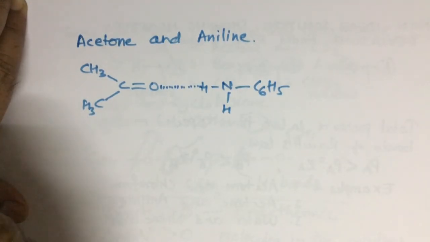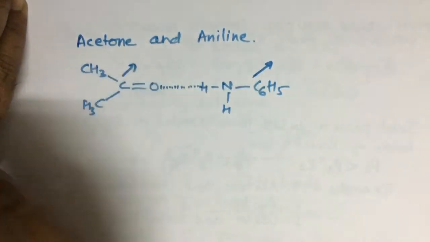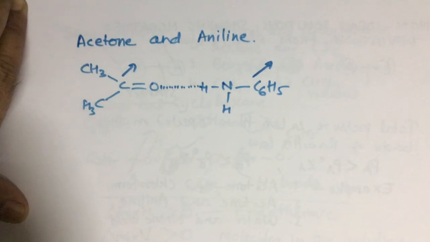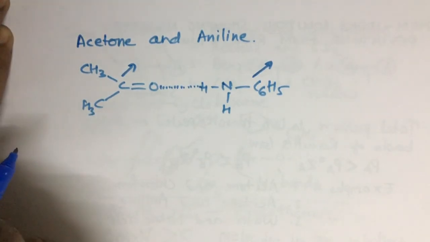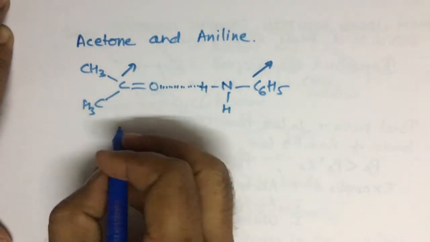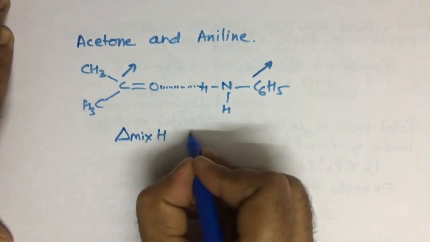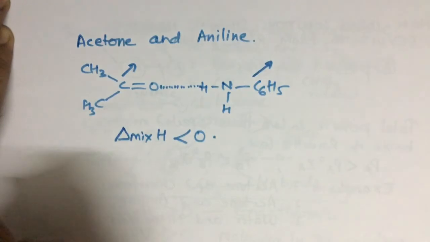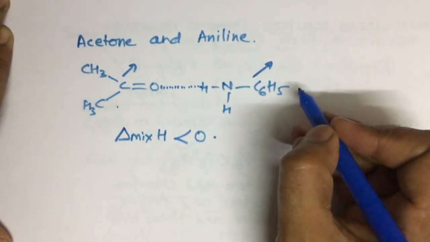So the escaping tendency of acetone or aniline from the solution decreases. Hence the vapor pressure decreases and the solution shows negative deviation. And for such solutions, delta enthalpy of mixing is less than 0 because weak bonds are broken and strong bonds are formed.